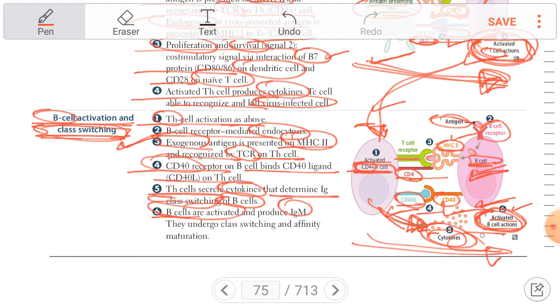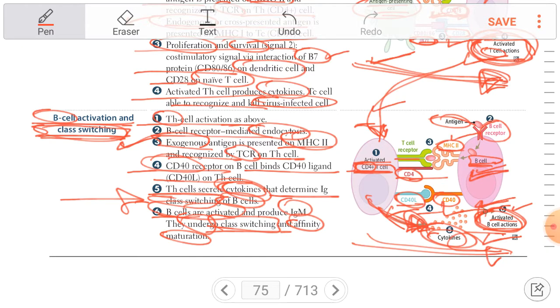Immunoglobulin M. So there is activated B cell and there is production of immunoglobulin M. Then this immunoglobulin M undergo class switching and affinity maturation. So this class switching is mediated by what? By cytokine release from the activated T helper cells.